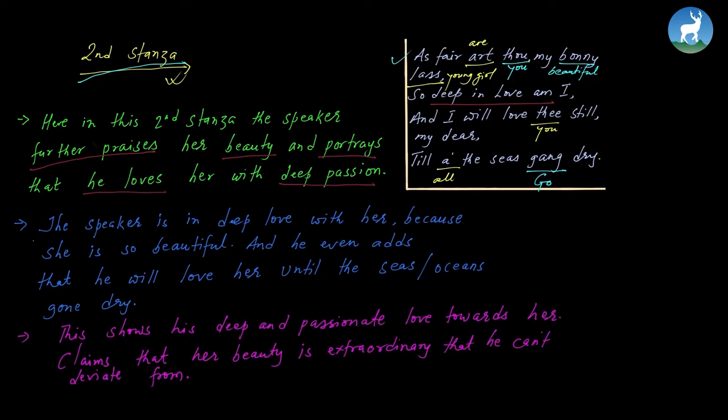The speaker here also portrays that he is in deep love with her because she is so beautiful. The main reason behind being in love with her is that she is so beautiful.